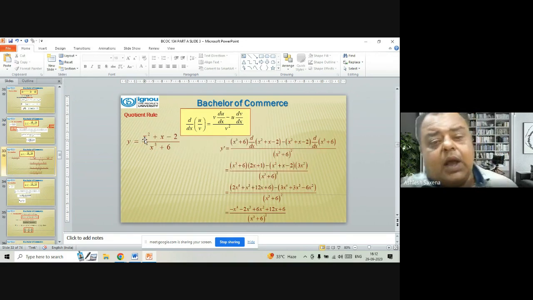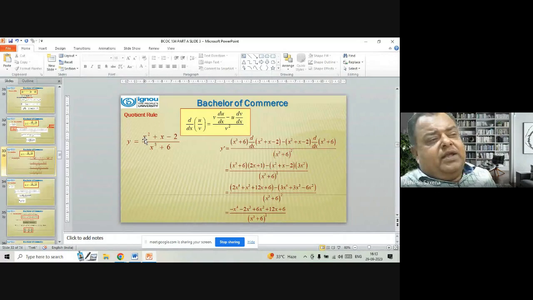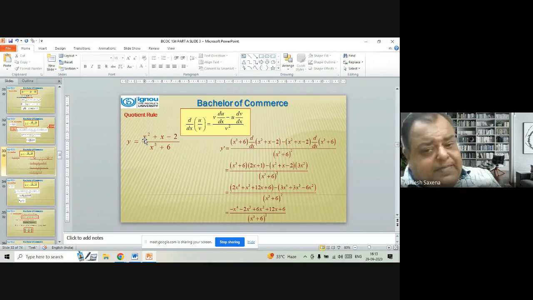Another problem related to the quotient rule. The quotient rule is the square of the denominator, and in the numerator we get derivative of u into v, minus u times the derivative of v. Here we can see that we have this problem.